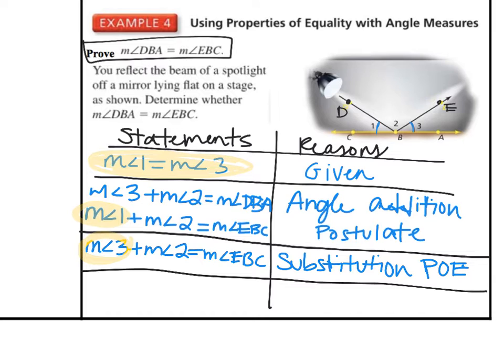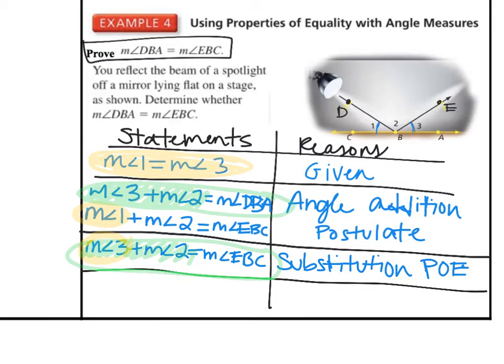Look at the equations for DBA and our new equation for EBC. What do you notice, Brennan? So because they have this in common, measure of angle 3 plus measure of angle 2, you can say they're equal to each other.